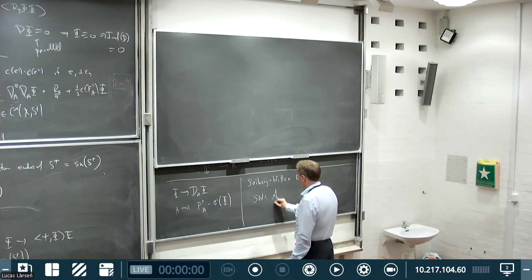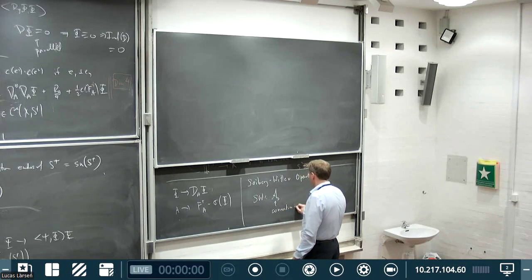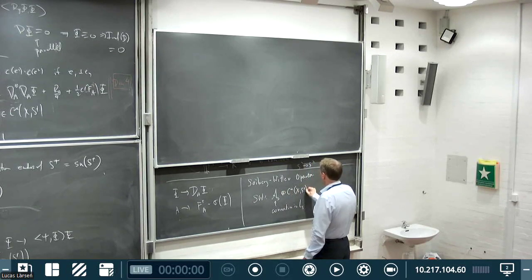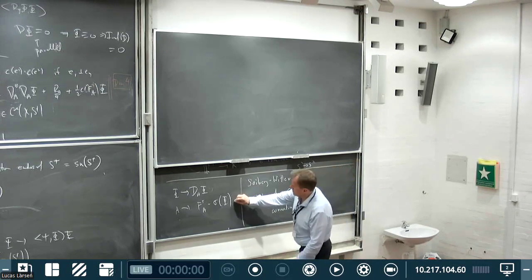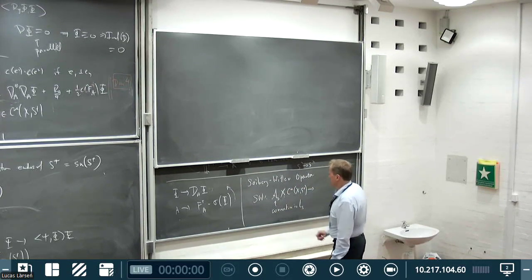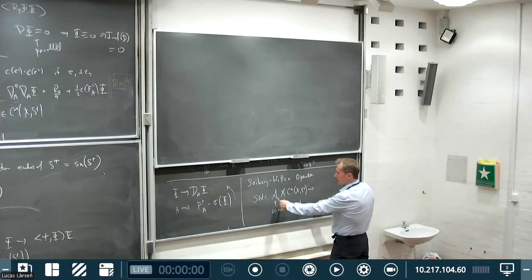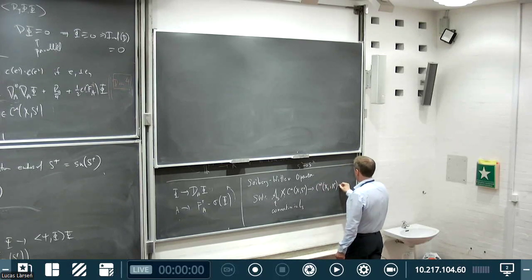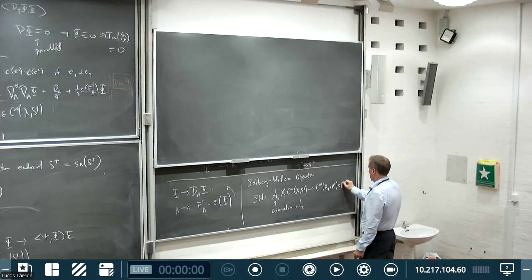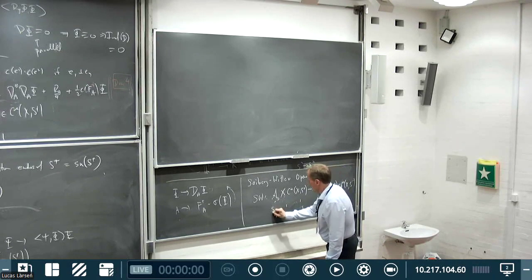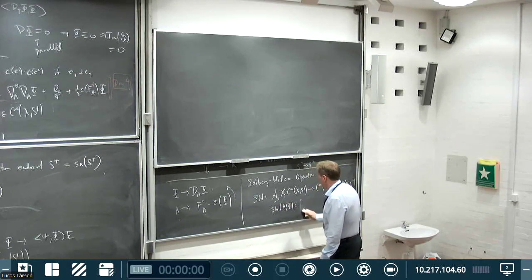It takes connections in the determinant line, times sections of S plus, and then it gives me, I'm going to write them in the other order, a section of imaginary self-dual forms and a negative spinor, and SW of A, phi is just this thing.